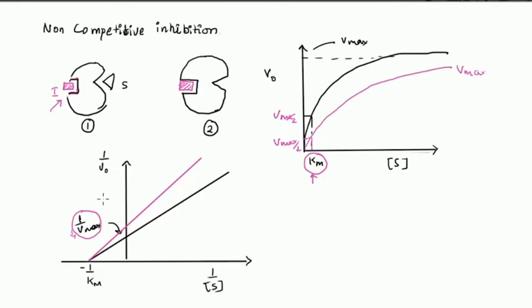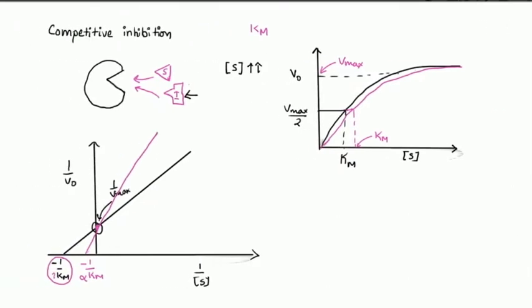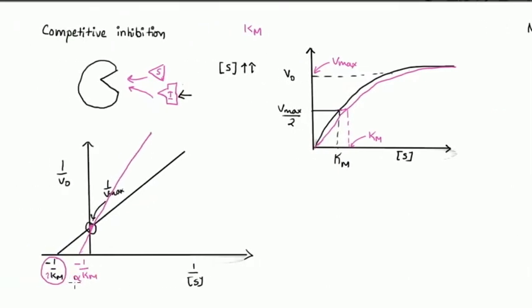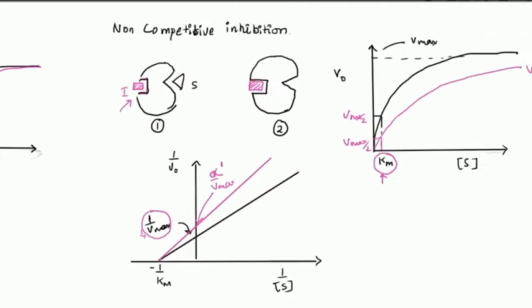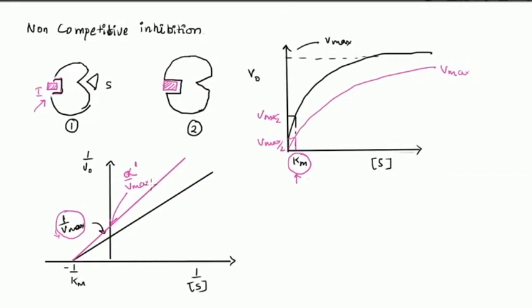So this would be 1 by Vmax, and 1 by Vmax is increasing by a factor, let's say alpha dash. Okay, so in the previous one, what we saw is that the Km is increasing by a factor of alpha. But in this one, what we are seeing is that the Vmax is decreasing by a factor of alpha dash, whereas the Km remains constant, or the Km remains the same for both.